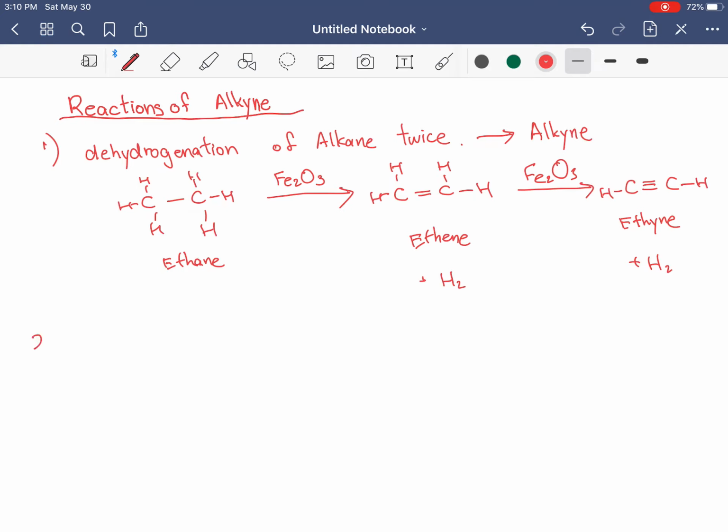So let's very quickly look at some of the things that we have already looked at before, like halogenation. With halogenation, we have an alkyne reacting with a halogen under 25 degrees Celsius.